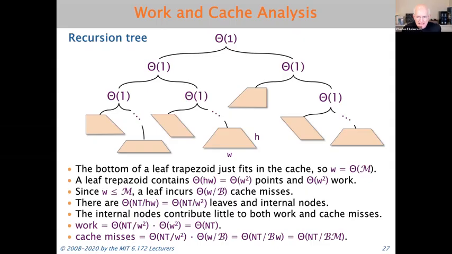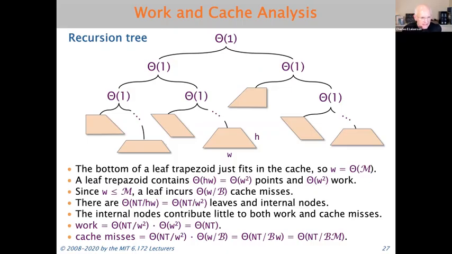But we get a big savings in cache misses. The number of cache misses is the number of leaves times the cache misses for each leaf, which is theta of NT over W squared times the cache misses for each leaf.